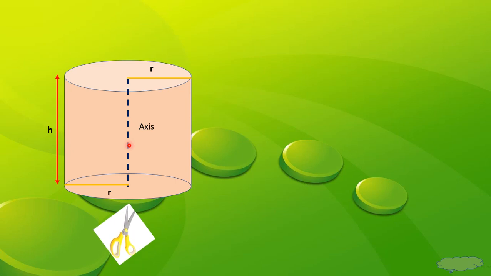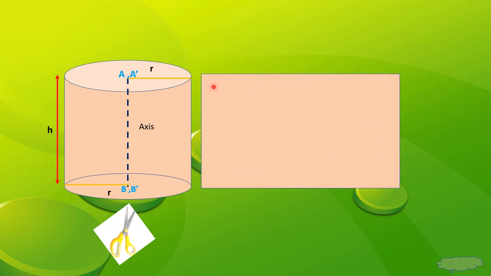It is cut along the axis, and when it is cut we have 2 points or 2 corners here, A and A dash and B and B dash. When we cut it out and open it, these 2 points A dash and B dash of the bottom and top circles form a rectangle. So this surrounding part of the cylinder becomes a rectangle.